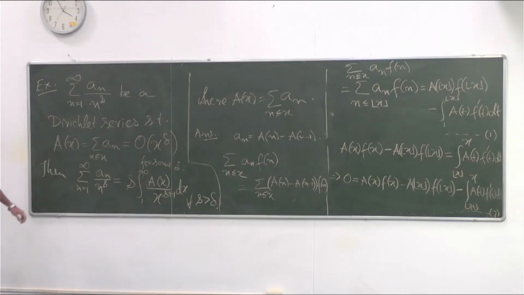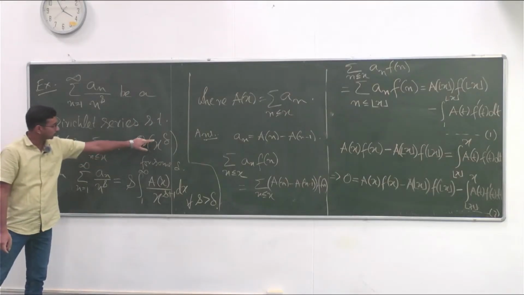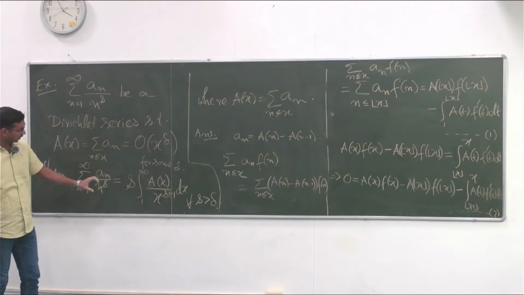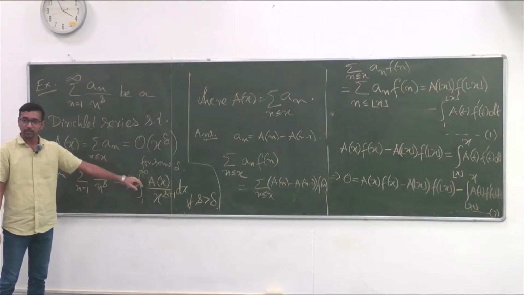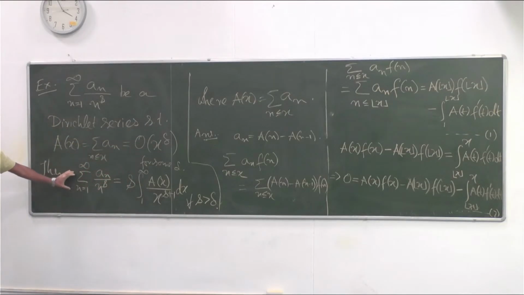And in particular, note that since A(x) is big O of x^delta, this integral converges in this region. So this series converges for all s larger than delta.